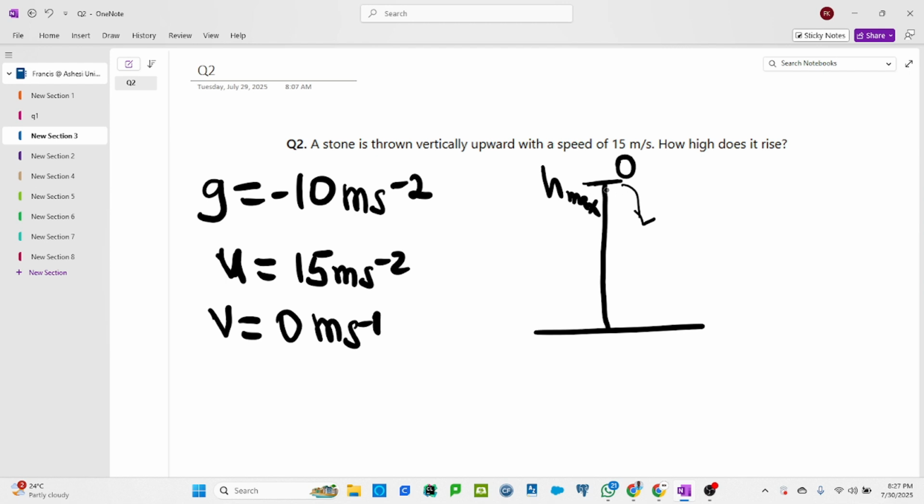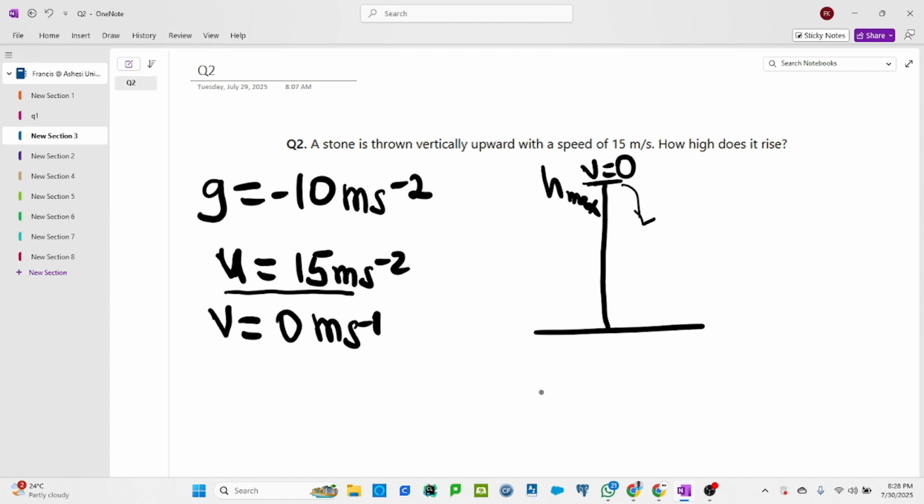At that maximum height, the final velocity V is equal to zero. I like that you're able to point that out. At the beginning we give it 15, but when you reach the maximum height, the velocity is zero, because the body will finish all its velocity and then start its journey back down. That was very good.